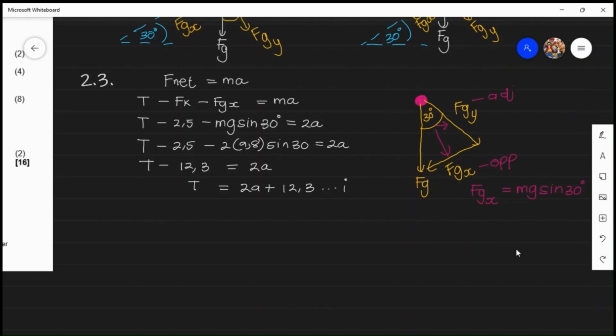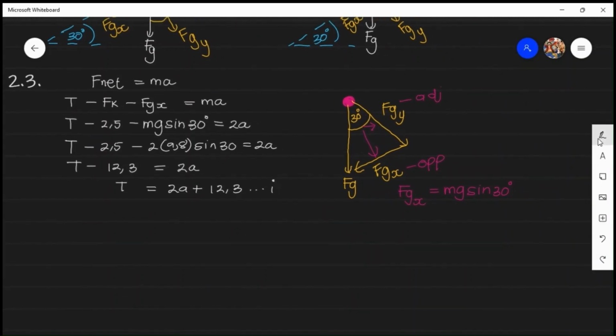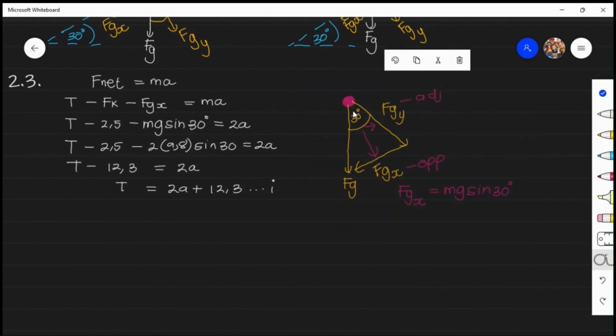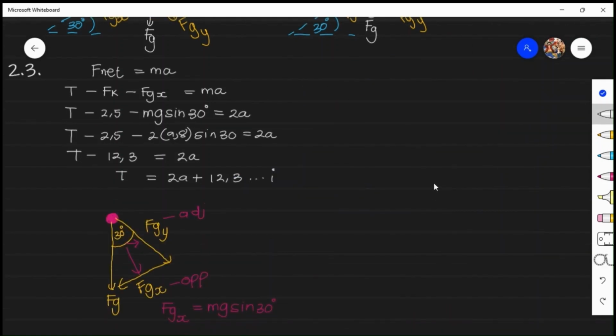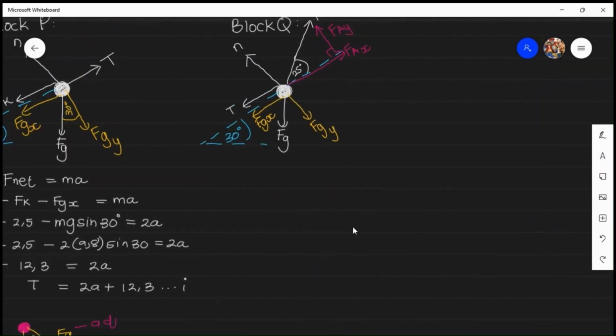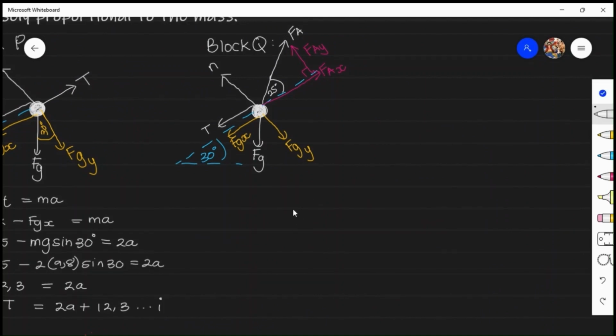Now, let us have a look at equation 2, which is our block Q. Now, in block Q, we are going to make the same assumption, take up the incline as positive because both our objects are moving in the same direction up the incline.